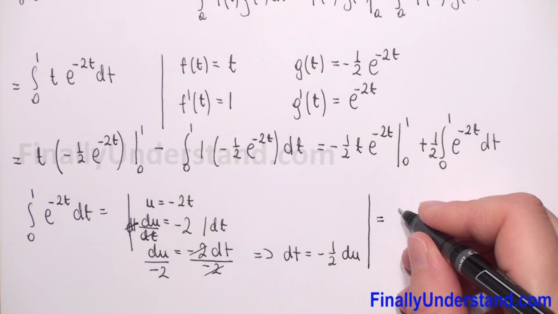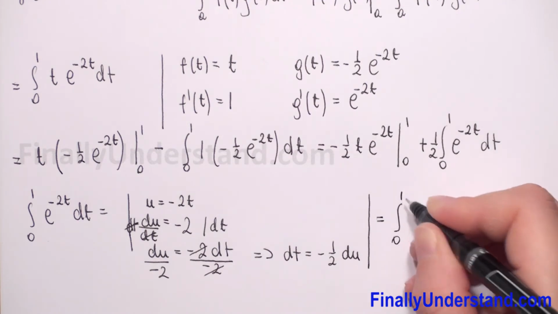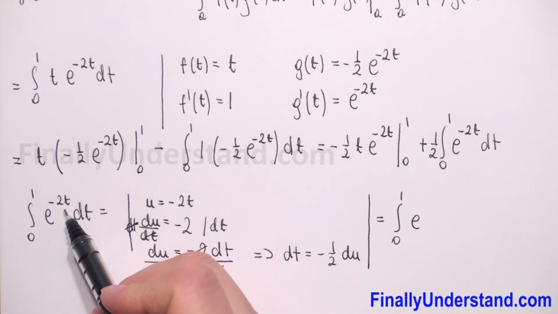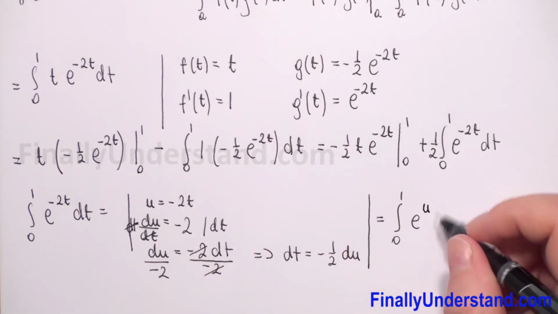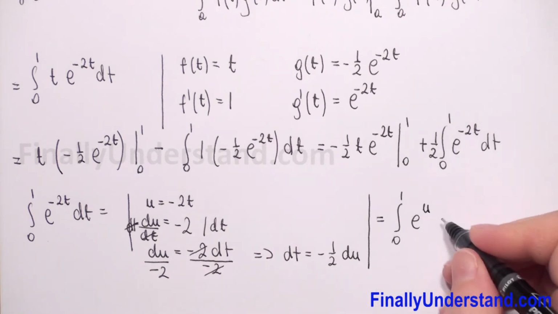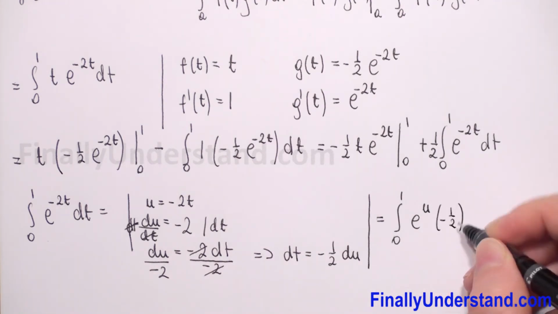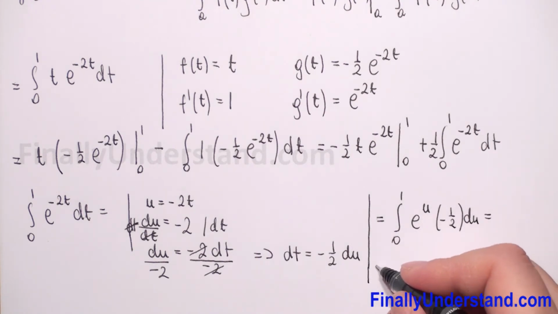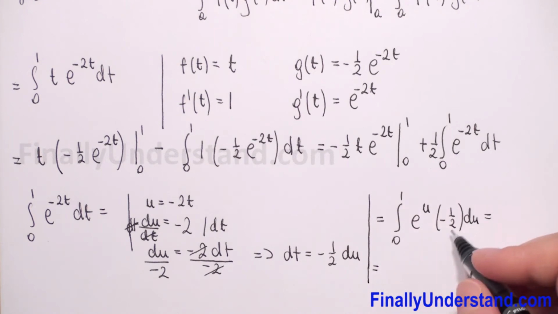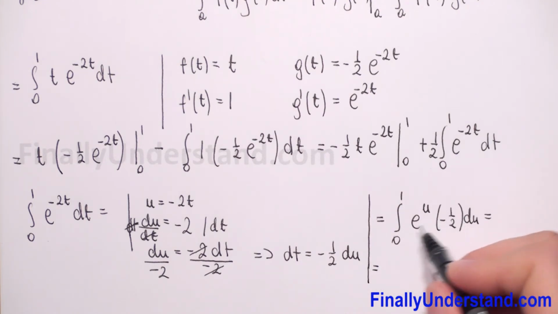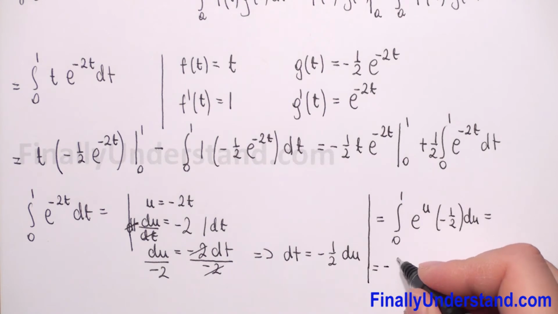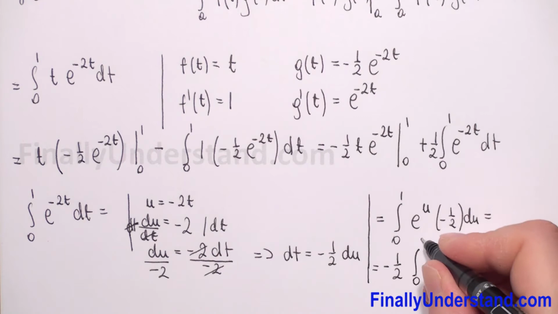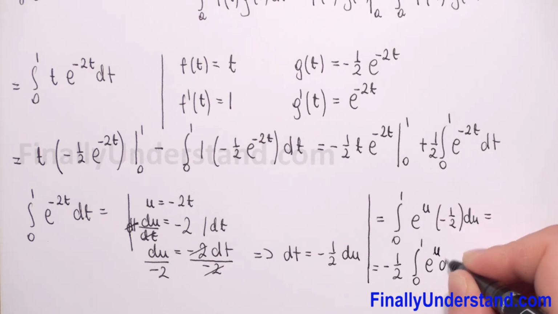So our integral will be equal to, we have to copy the integral symbol from 0 to 1, e, and instead of negative 2t we have to put u, and for dt we have negative 1/2, we will put in parentheses du. So this is equal to, we have to put the constant first before the integral symbol, so we have negative 1/2 times the integral from 0 to 1 of e to power u with respect to u.